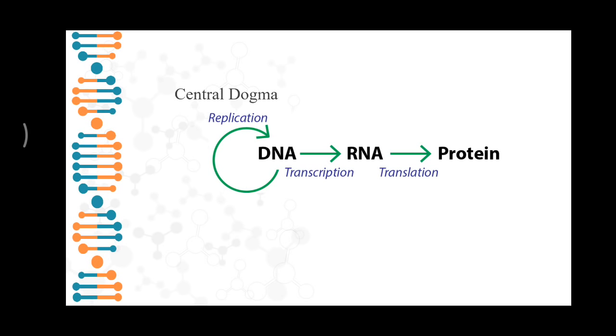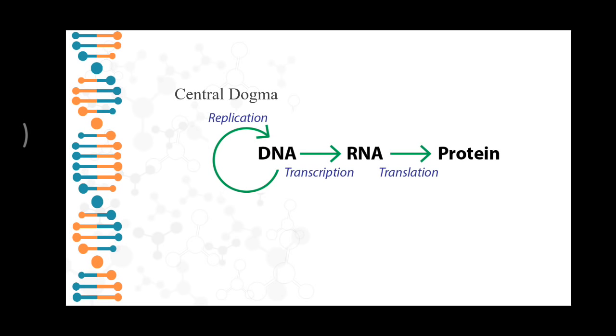Transcription: in short, we can say a DNA segment that constitutes a gene is read and transcribed into a single strand sequence of RNA, like mRNA. The RNA which is transcribed moves from the nucleus into the cytoplasm for the process of translation, where the protein is synthesized.